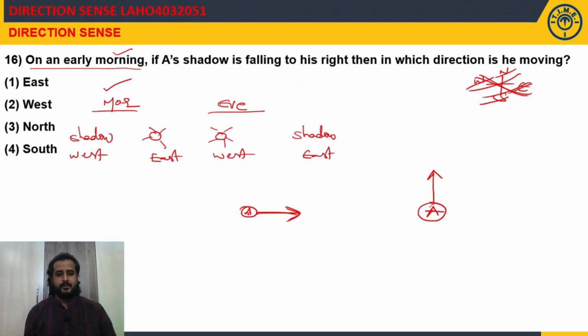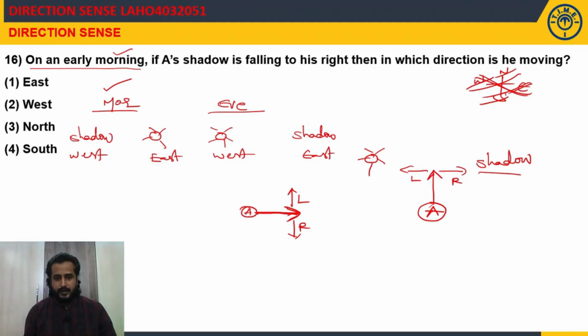For this direction, this is the right hand side and this is the left hand side. Since the right hand side is the shadow, automatically the left hand side will be the sun.